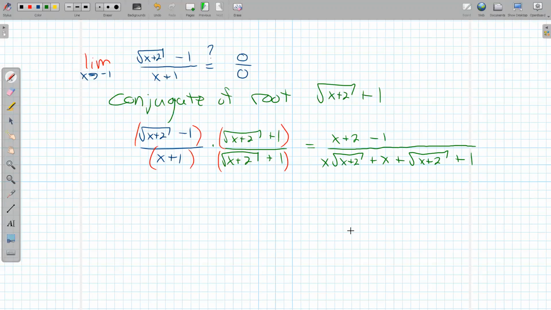Okay, I think I've got the first round there, distributing the x in the bottom, and then distributing the 1.